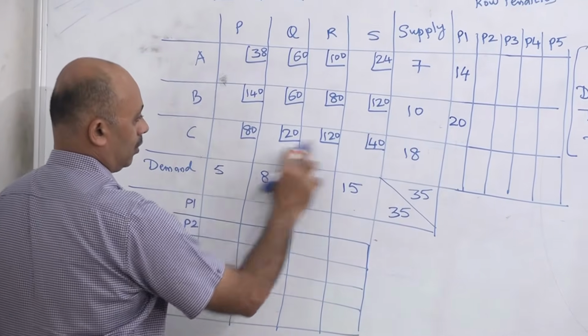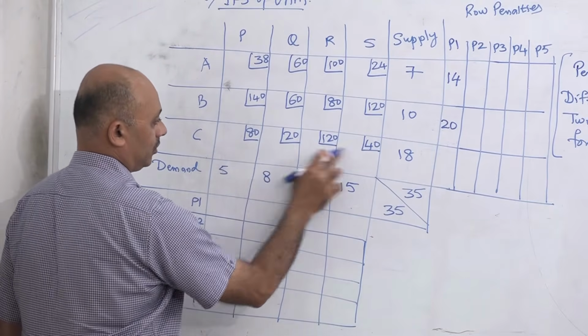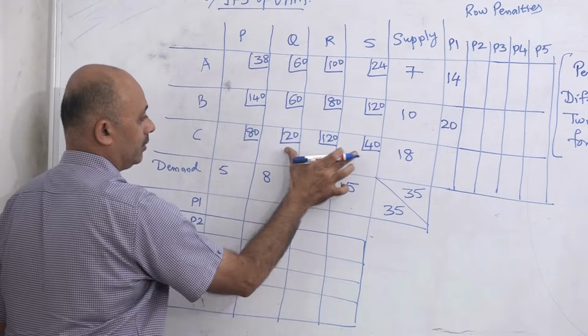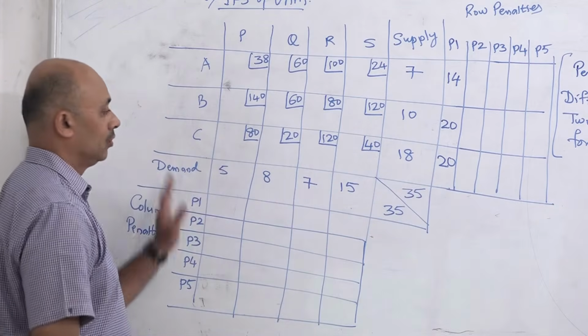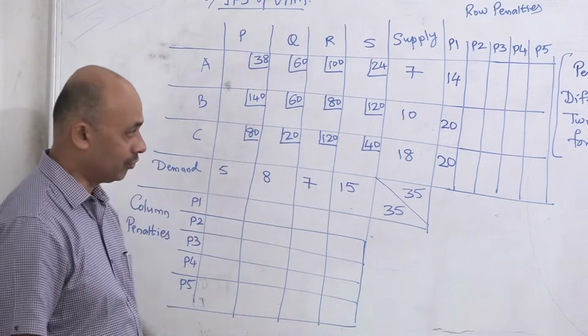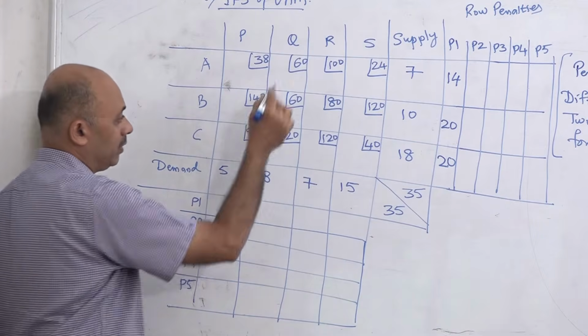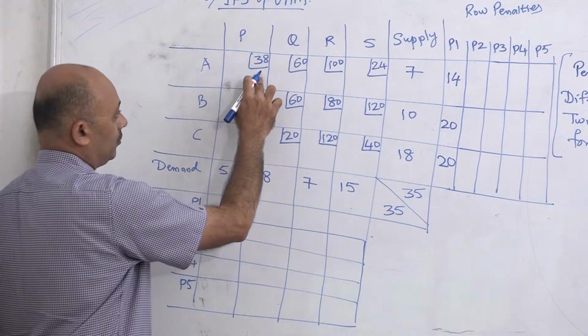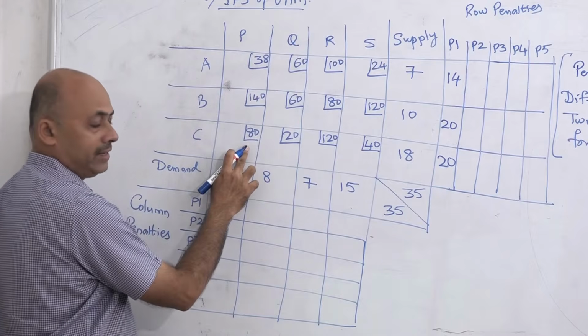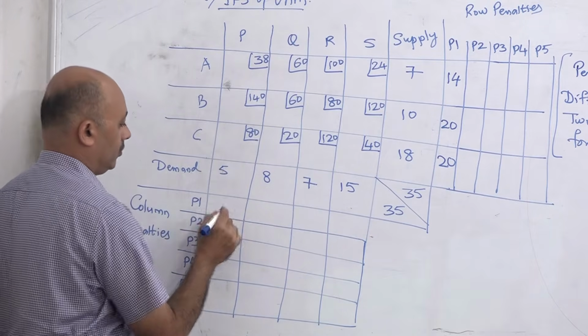Then C, lowest is 20 and next is 40. So 20 and 40, the difference is 20. So again the penalty here is 20. So this is P1 for all the rows. Same way now calculate P1 of all columns. First column, lowest is 38 and next is 80. So 80 and 38, difference is 42.